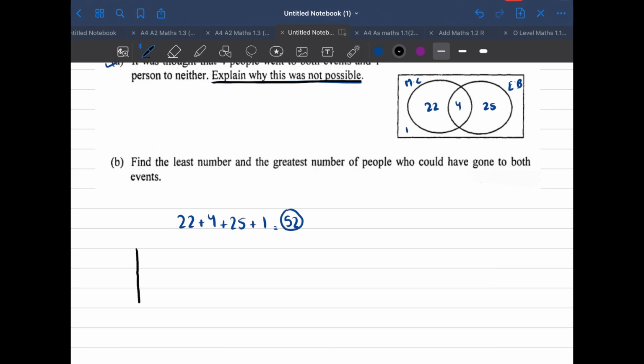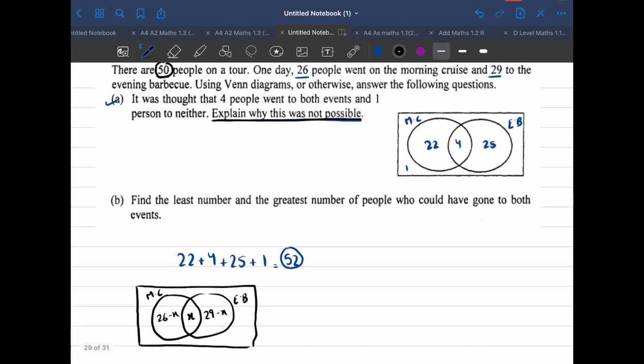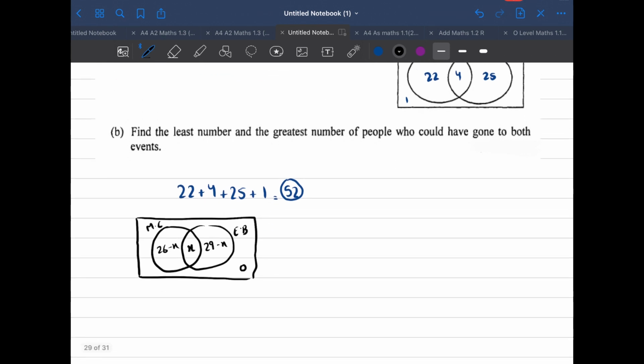So, for the least value, I'm going to make a Venn diagram like this. It's going to be morning cruise and evening barbecue. In the middle, I'm going to have X. Morning cruise will be 26 minus X and evening barbecue will be 29 minus X. And in the case of least, you always assume the outside is 0 until and unless the question gives you any value.